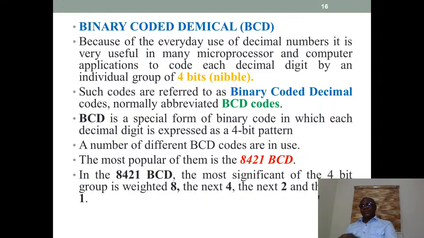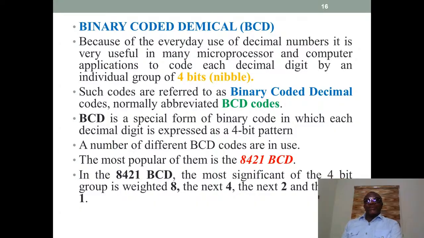Then, when you finish talking about converting zeros and ones, you go further to see how computers code these bits, and that is what we call the binary coded decimal.